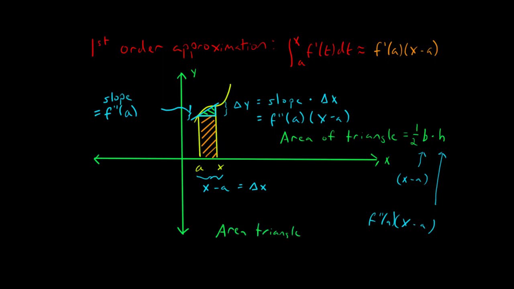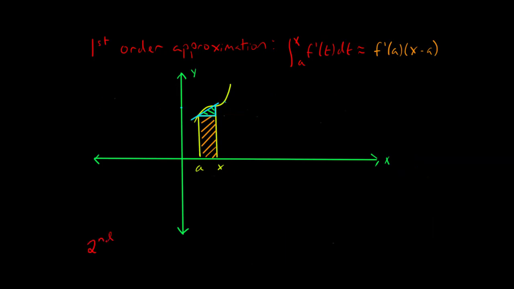So the area of the triangular region is going to equal 1/2 f double prime of a times x minus a times x minus a, 1/2 base times height. Or just f double prime of a times x minus a squared all over 2.